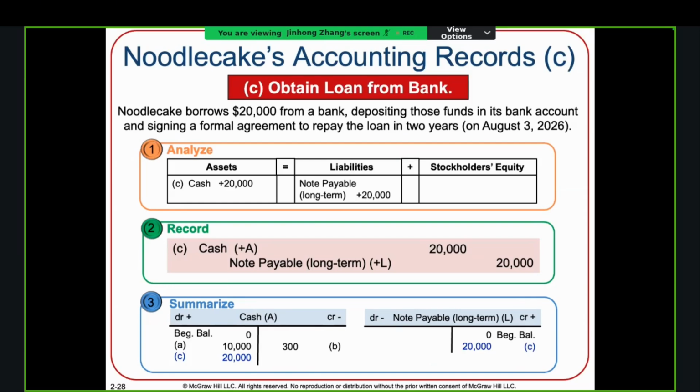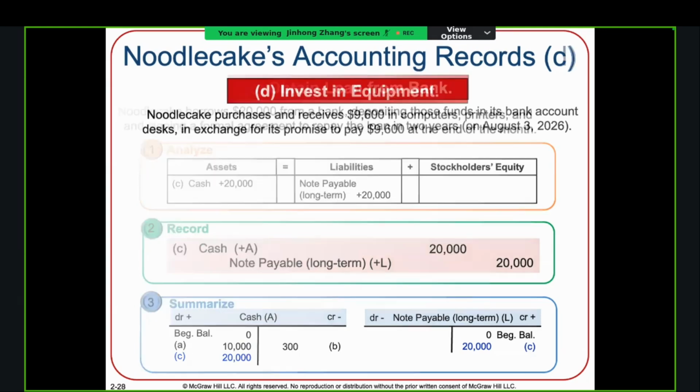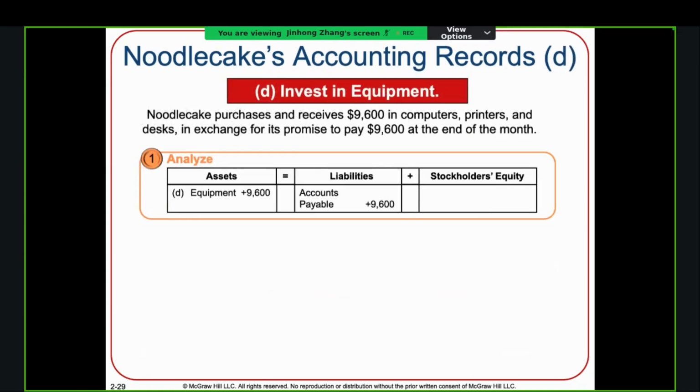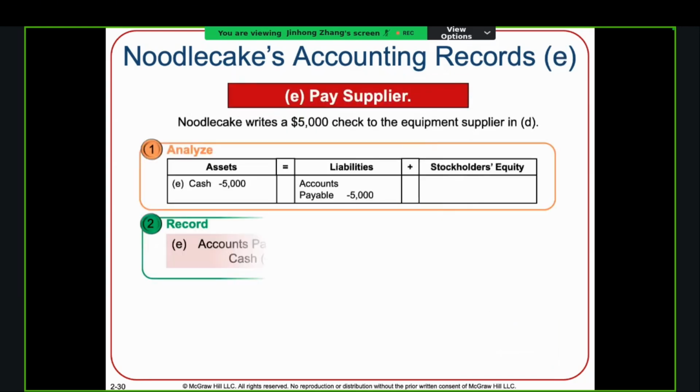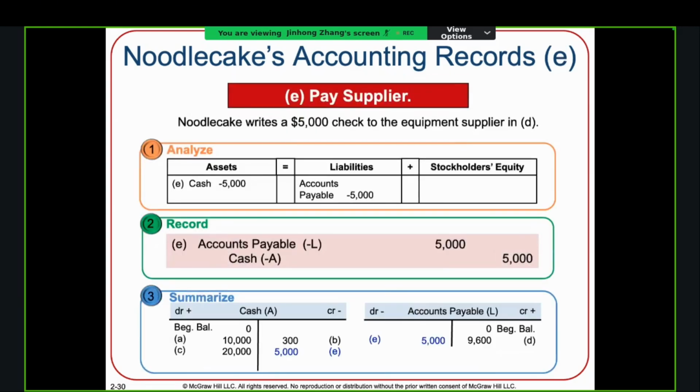All getting it? Awesome. So I'm just going to skip some of these things. It's all the same process, right? You play with it.